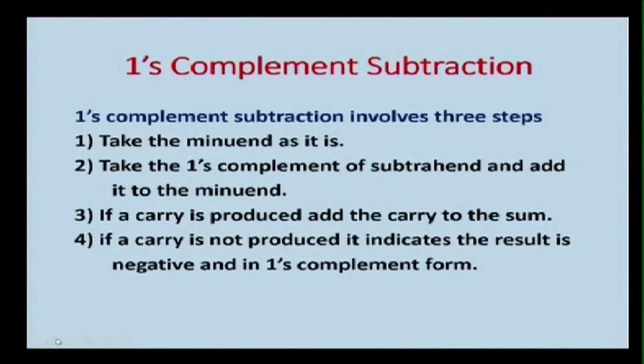Take the 1's complement of the subtrahend and add it to the minuend. If a carry is produced, add the carry to the sum, and if a carry is not produced, it indicates that the result is negative and it is in the 1's complement form.